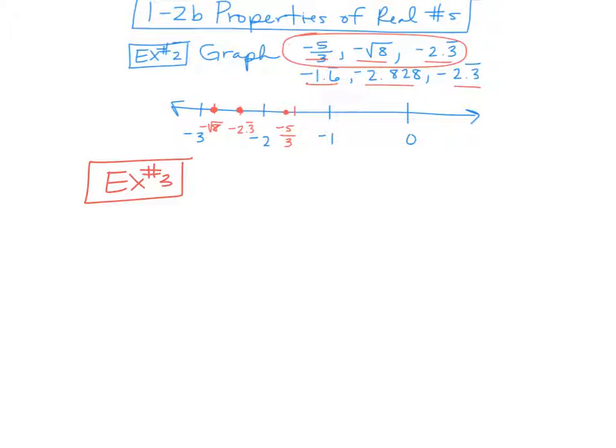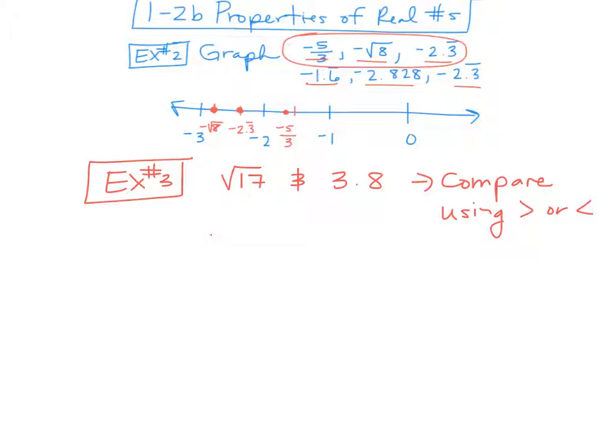Okay, so then how about this one? I'm going to give you 2 numbers, the square root of 17 and 3.8. You're going to compare using greater than or less than.